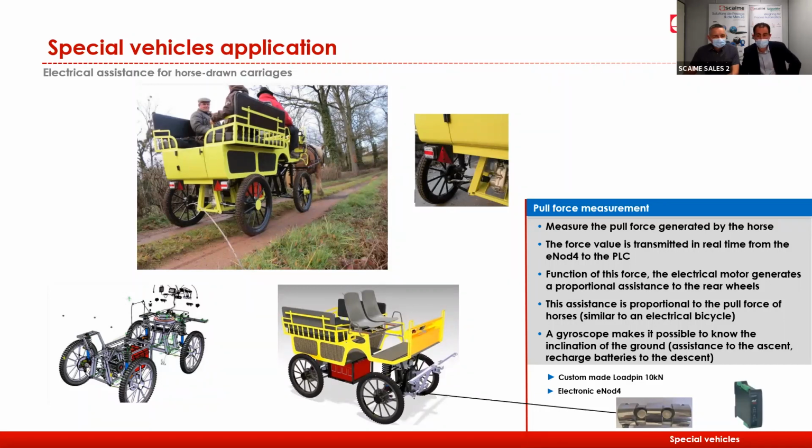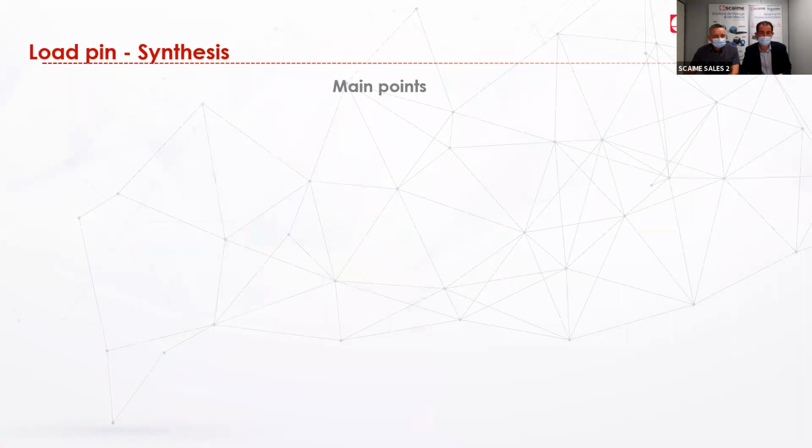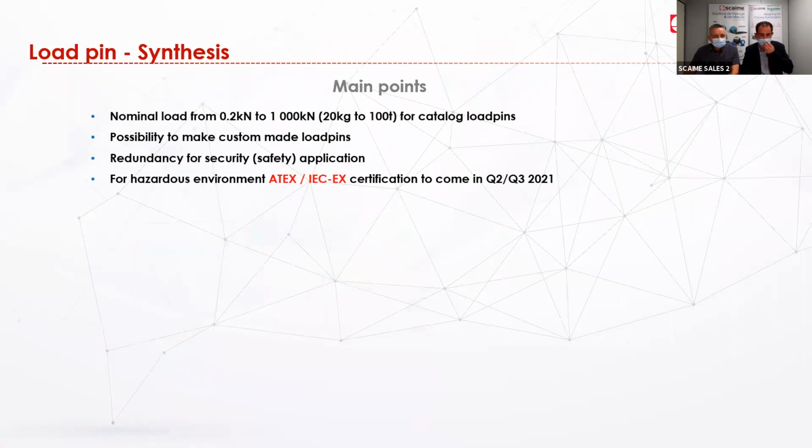In addition, we can mention that a gyroscope makes it possible to know the inclination of the ground and therefore assist in a stronger way in the ascent process, but also reload the batteries in descent cases. So quite a special application indeed.